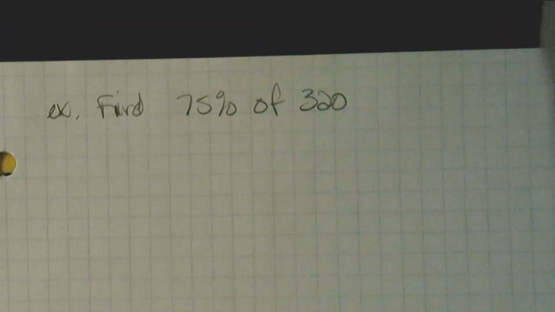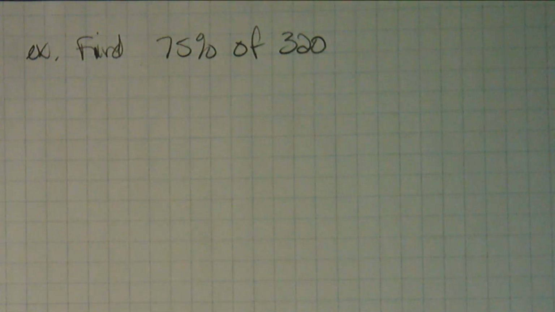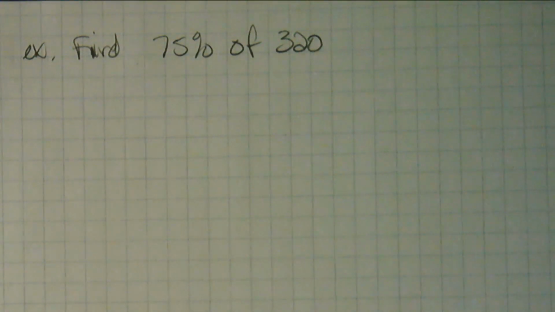Put the calculator down if you're not using it to calculate, please. So first of all, you must write this as a proper percent sentence. Our given is find 75% of 320. So write that down, and then you're writing that as a proper percent sentence. Remember, your proper percent sentence always starts with the percentage. And then of.